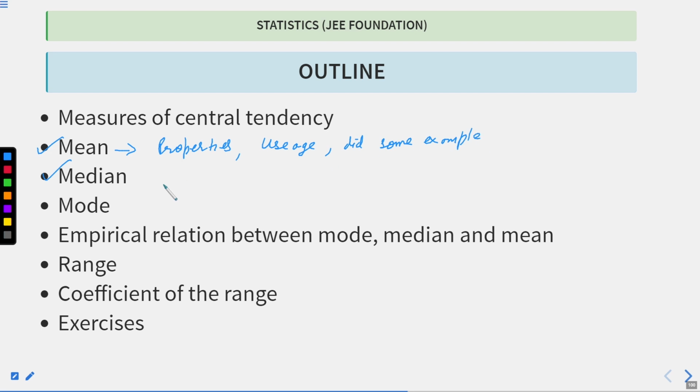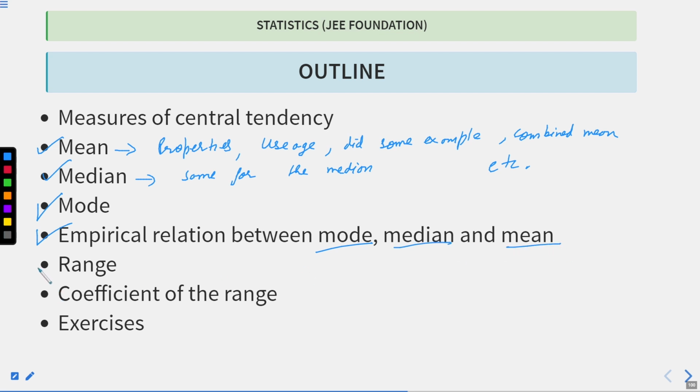We understood the same for the median. We also talked about concepts like combined mean, etc. So now we will be discussing more on mode and the relationship between mode, median, and mean.